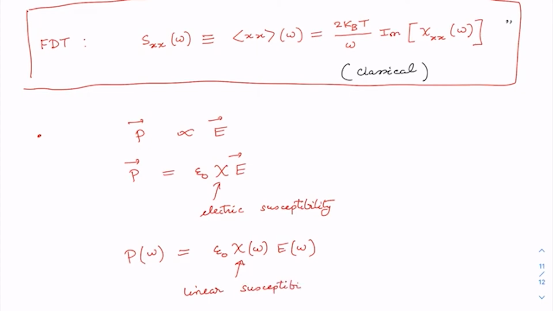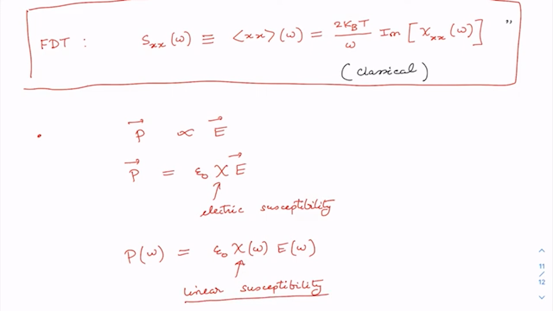It is linear because the polarization is linearly dependent on the electric field. However, if the electric field strength is very large, then nonlinear terms also have to be incorporated, but we will not go into that domain. Here we will assume that the electric field applied to the dielectric is not very strong. So in that case, the polarization and electric field share a linear relationship, and the bridge between them is given by the so-called linear susceptibility.